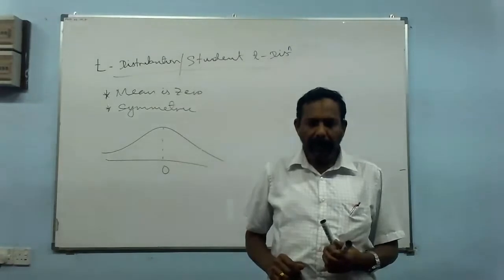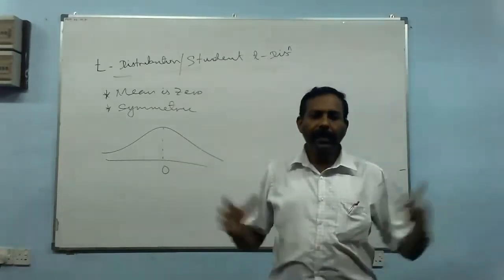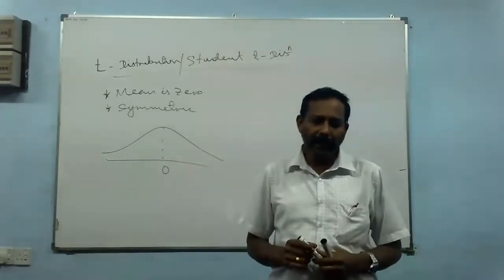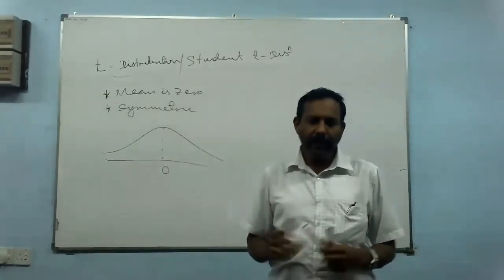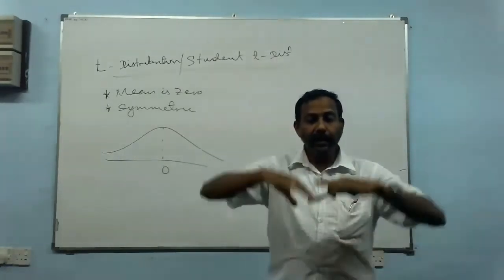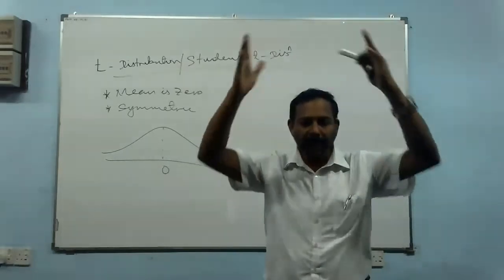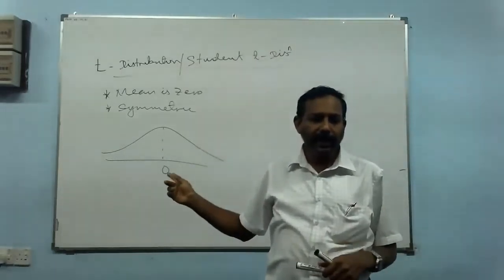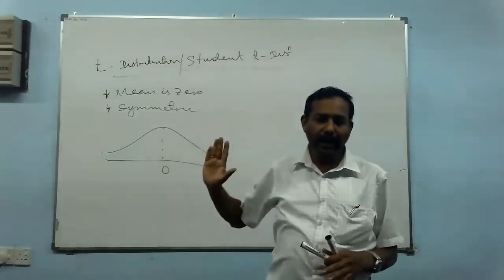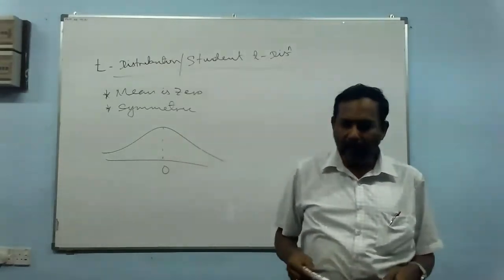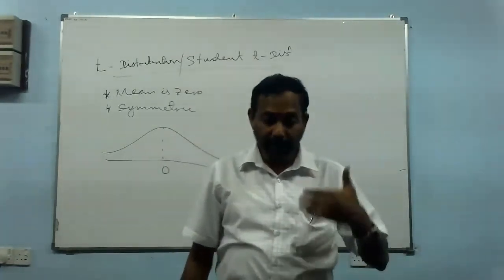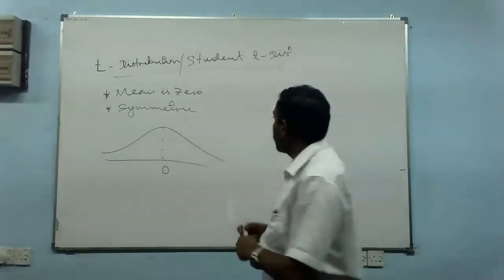Now here, when the sample size is small, we cannot assume normality. The special characteristic of normality is the bell shape, so we cannot say this is a bell shape. It is symmetric, and the mean is 0 in the T distribution, but we cannot apply the normality concept here, if the sample size is small.